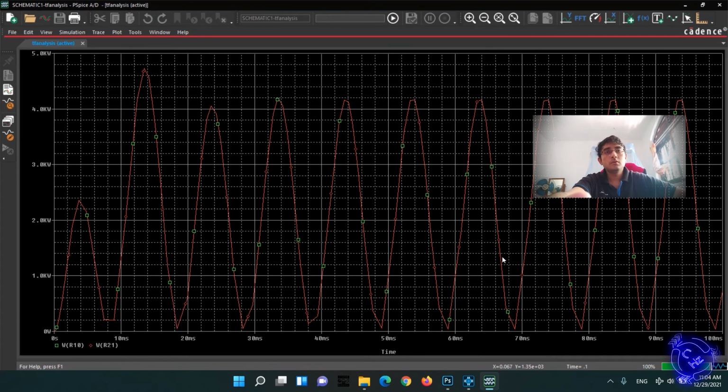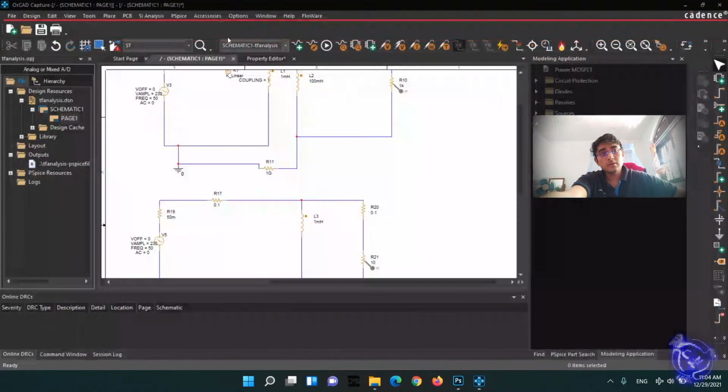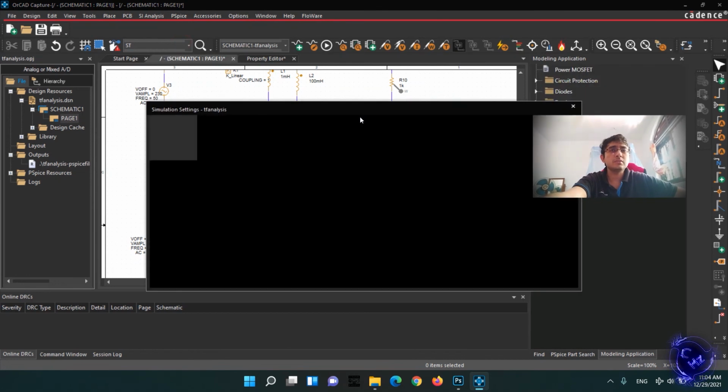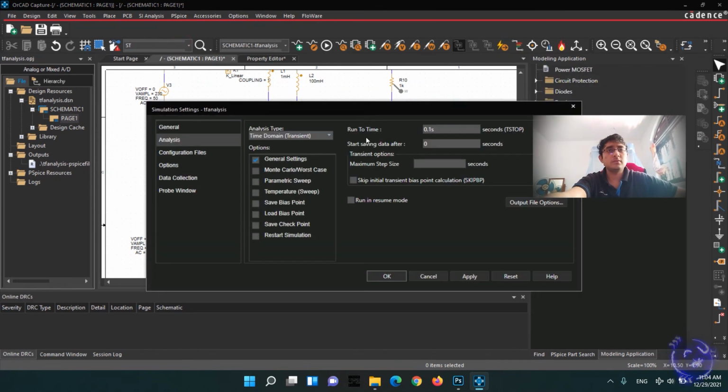Yes, those two values are perfectly matching. That means the power consumption is the same. That means the second circuit we already drew perfectly matches the referred to primary circuit of the previous one. So when you see this plot, it is not nicely drawn because of the resolution.